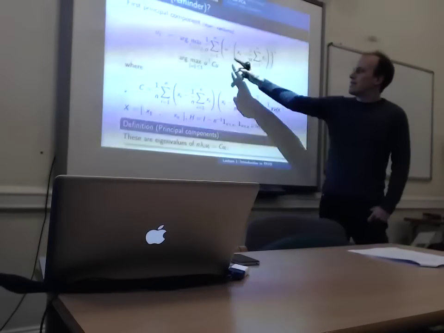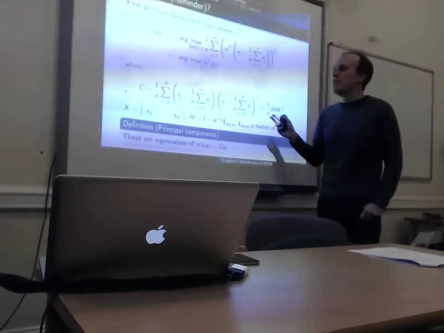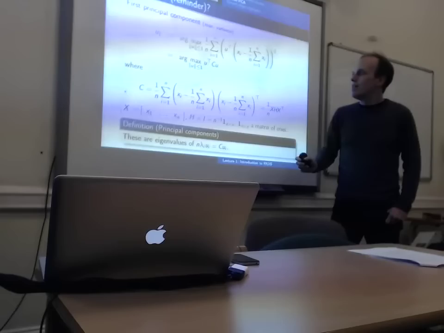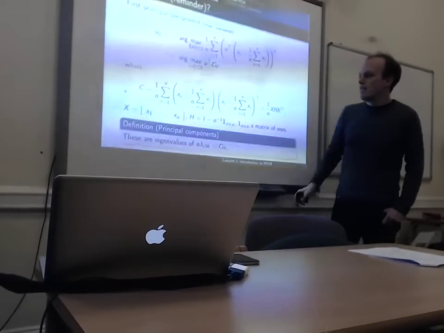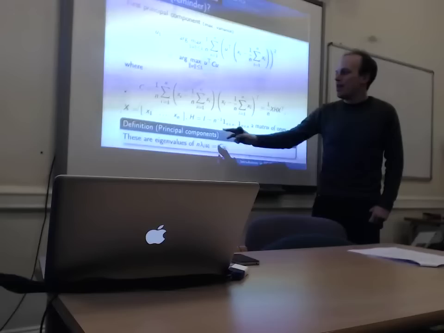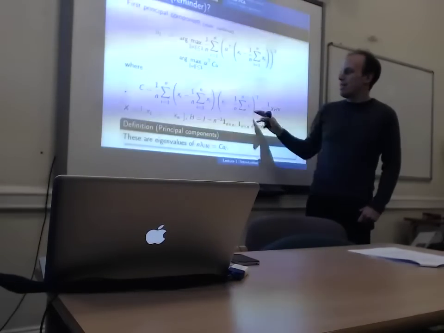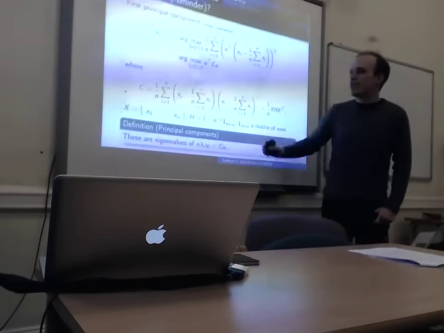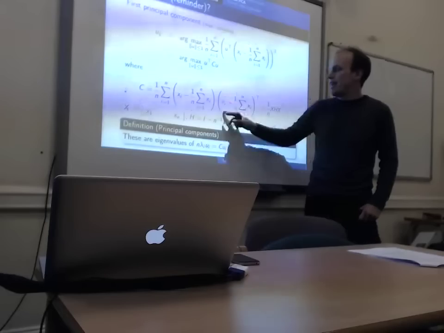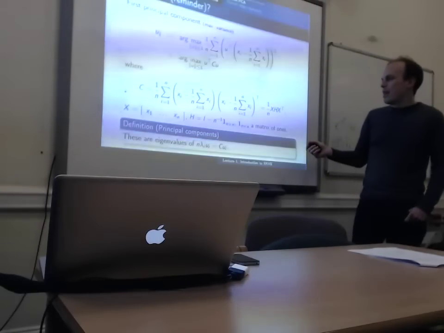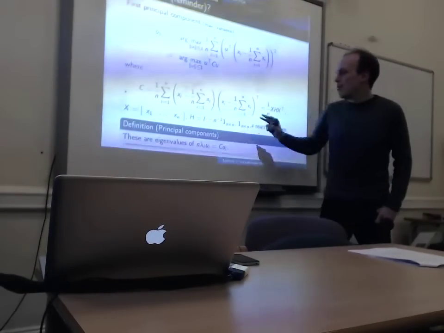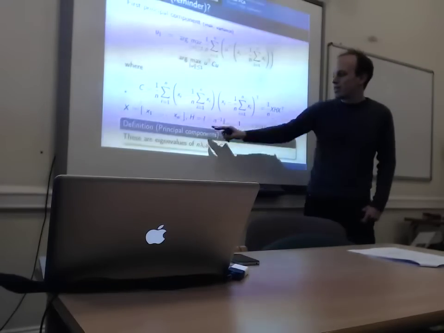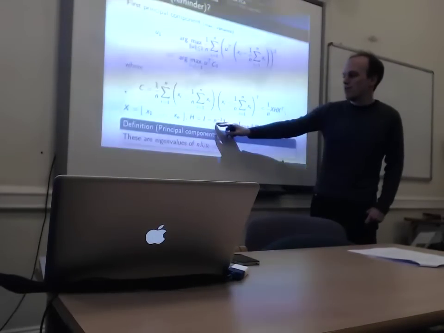And I can expand this horrible expression into a much cleaner matrix expression by just writing this as U transpose C U, where C is the covariance matrix. So basically the sum of x minus its mean times its transpose. So this thing here is the covariance matrix of the vector x. And I can even write this compactly as X H X transpose, where H is basically the identity matrix minus a matrix of ones normalized by an inverse.